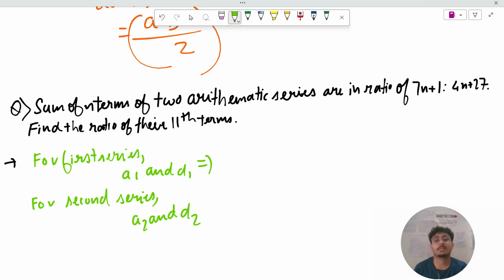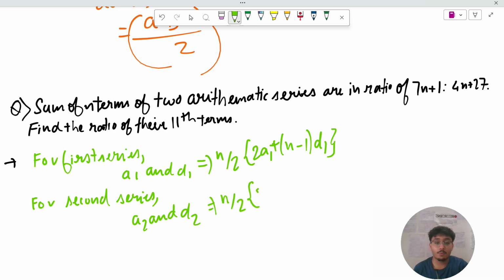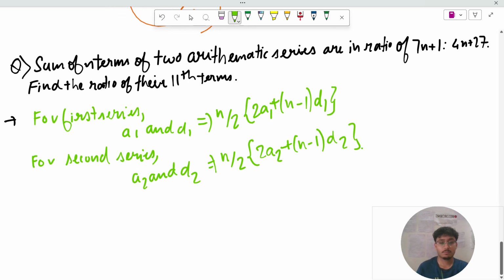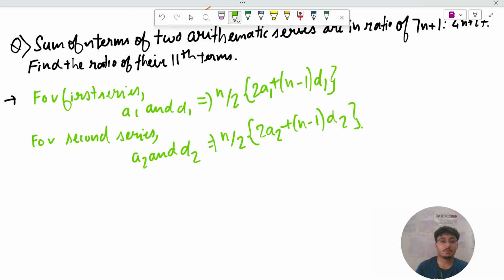So for the first series, the sum of n terms would be n by 2 into (2a1 plus (n minus 1) into d1), and for the second series the sum of n terms would be n by 2 into (2a2 plus (n minus 1) into d2). We are given these two are in the ratio 7n plus 1 is to 4n plus 27.